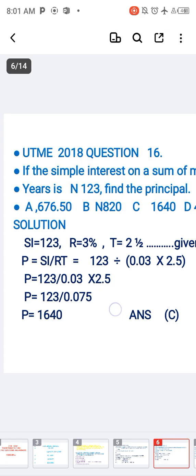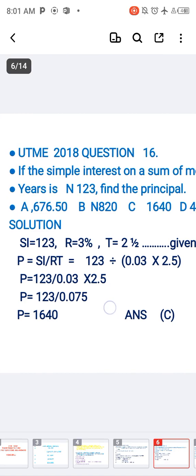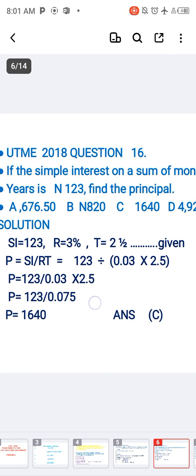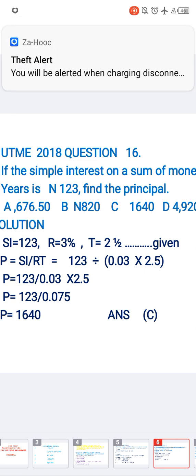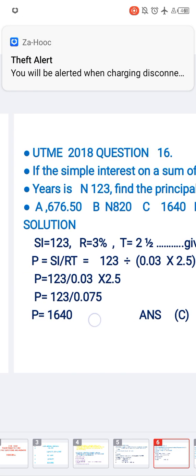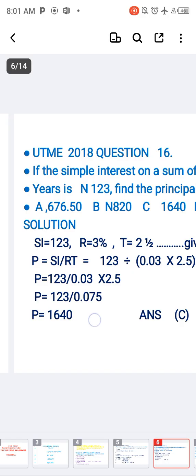And it becomes 123 divided by 0.03. This 0.03 is now the rate expressed as a decimal number. That is, 3% is 0.03 times what? The time, which is 2.5 what? Years. So it becomes 123 over 0.03 times 2.5, which invariably reads 123 over 0.075.